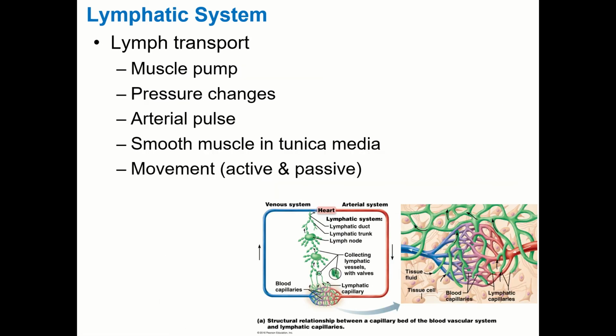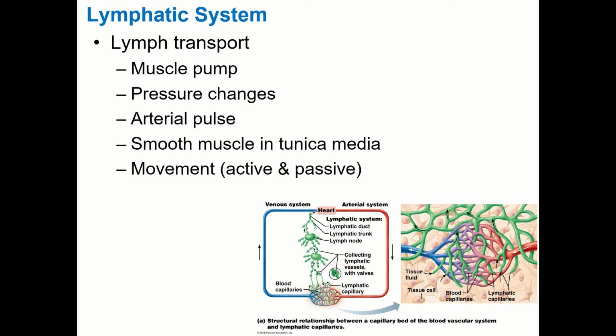All right, so the transport of lymph. Once it gets inside the lymphatic capillaries and the collecting vessels, how do we get it back up into those ducts? How do we get it back into that subclavian vein? Again, it's a low pressure system, so it relies on a lot of the same mechanisms that we see on the venous side. The lymphatic system functions similarly to the veins, where we've got a muscle pump.